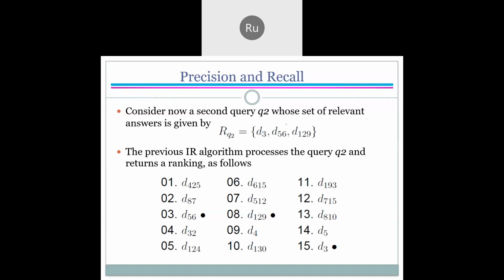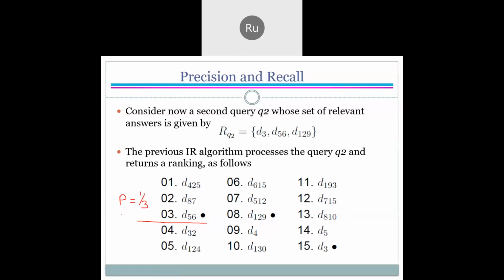And the positions of them are marked by the black dot here. So for this one, we do it together. What is the precision that we have here? You have to give me the answer. The precision is 1/3. Yes.